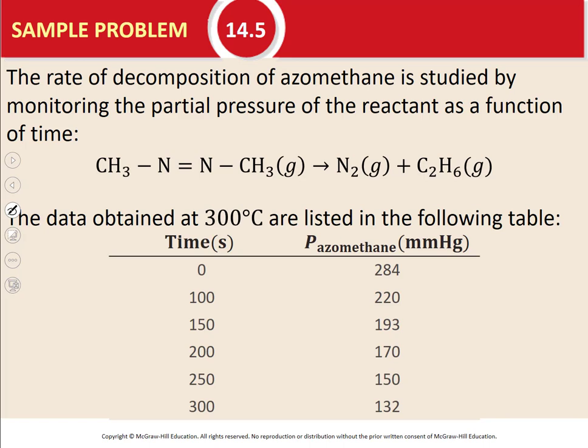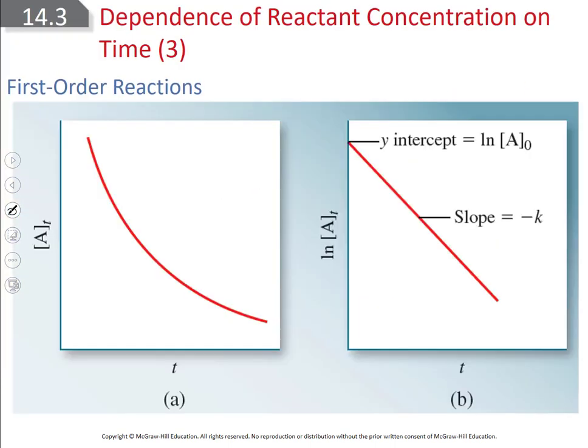So if it's first order, will graphing time directly versus pressure give me a straight line? No. For a first order reaction, what do we have to graph to get a straight line? The time versus the what?